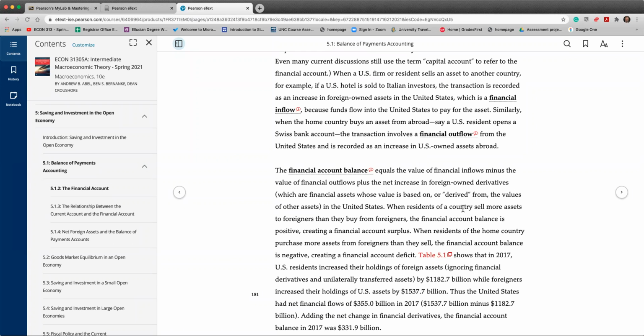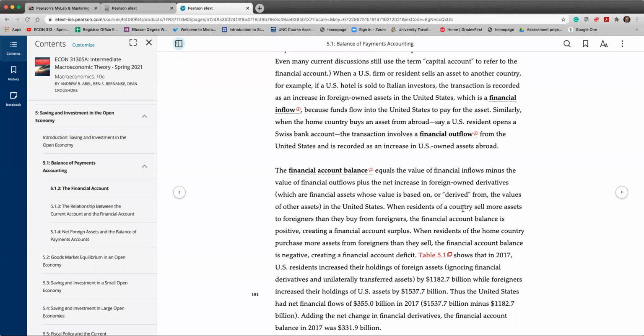So that's one way to kind of keep that straight. Which way are the dollars flowing? And then to ask, what are they flowing for? Are dollars coming in because somebody's buying US exports, goods and services? That's a plus in the current account. Or are they coming in to buy, say, a US stock, a share of Microsoft stock by somebody in Japan?